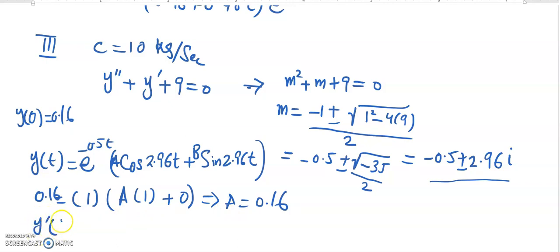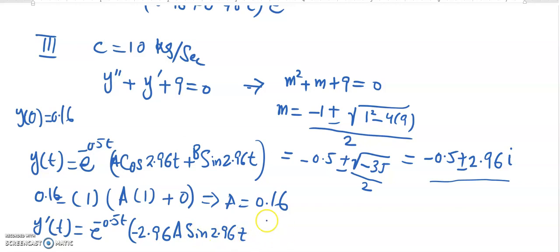And then y prime of t, so we need to take a derivative. Minus 0.5 t, it will be minus 2.96 a sine 2.96 t plus 2.96 b cosine 2.96 t.